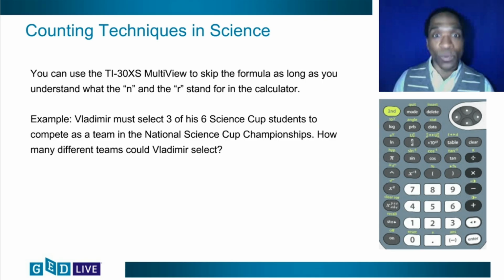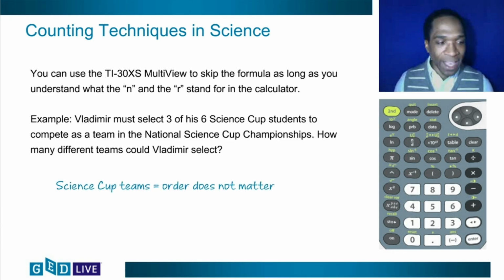That's the number of students who will be selected out of those 6. Well, that's 3. And what about order? Does order matter here? In other words, does it matter who Vlad chooses first or second or third? Well, no. So is this combination or permutation? Combination, that's when order does not matter.